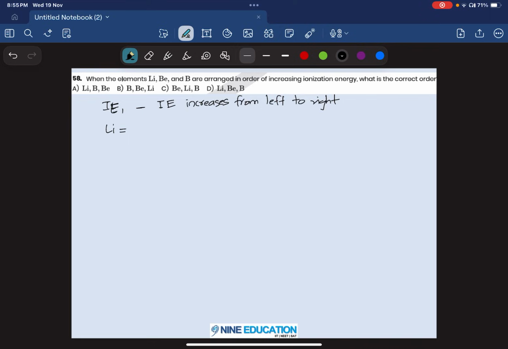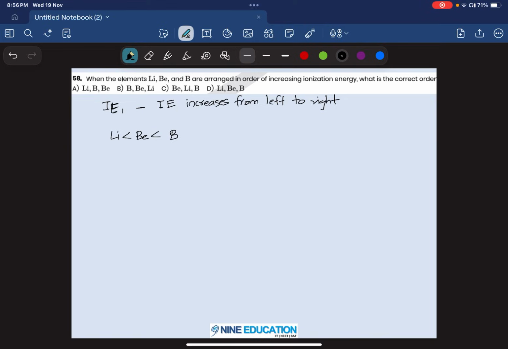If you follow that order, from left to right, what is the placement of all of these elements? Lithium, beryllium comes in the second group, and boron comes in the 13th group. Boron comes last. So according to the periodic trend, the order should be boron, beryllium, lithium. Boron should have the highest ionization energy.